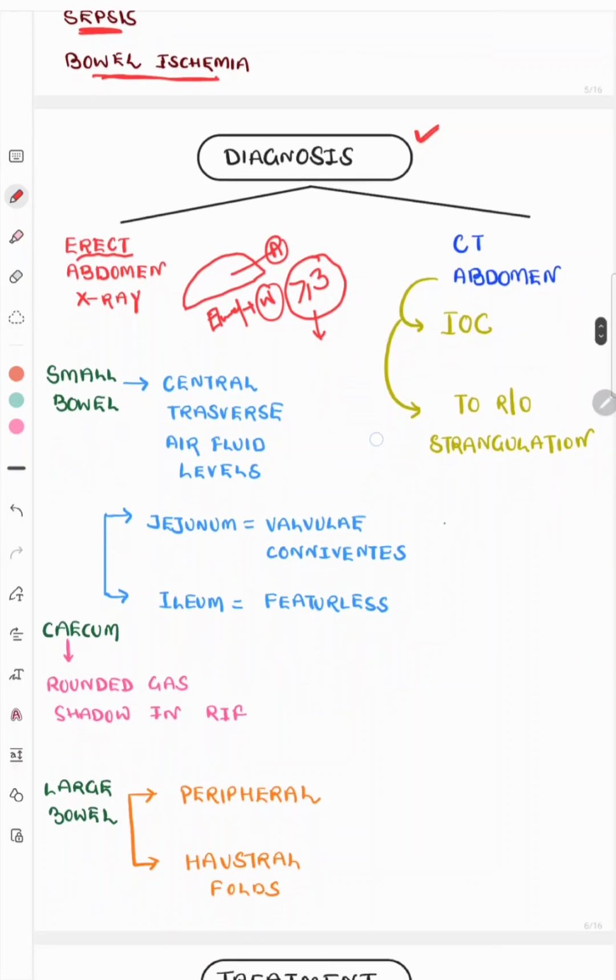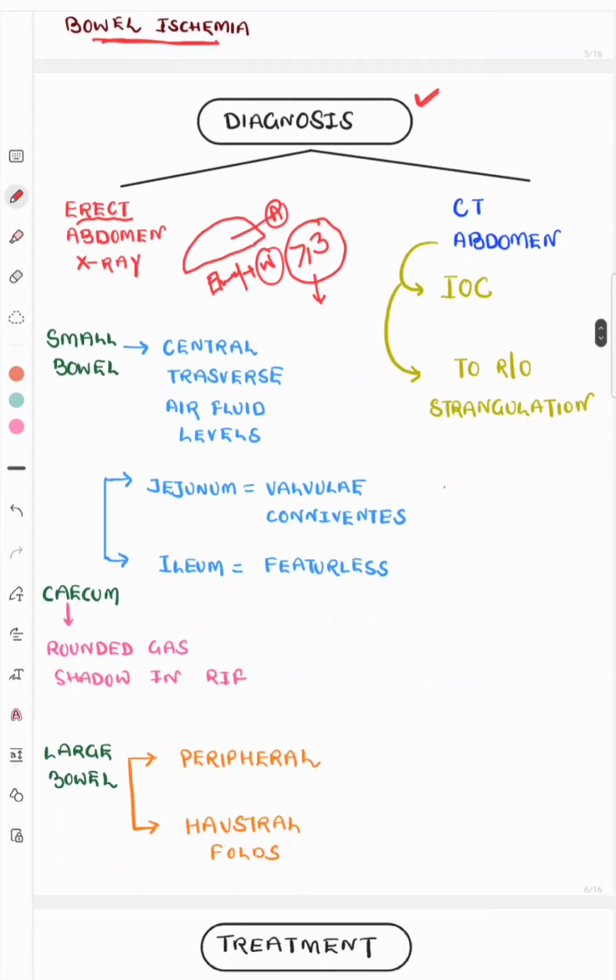So there are different characters and different pictures in the 3 cases. Small intestinal obstruction has a different scenario, cecal obstruction different, and large intestine different. I will discuss this in detail in the next slide with the help of pictures at the end of all this theory.